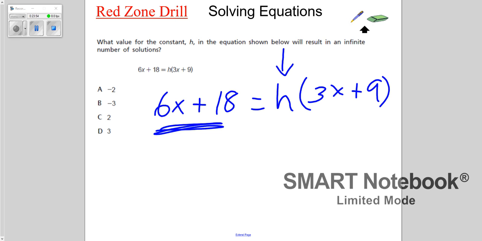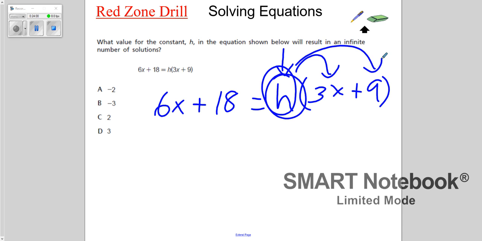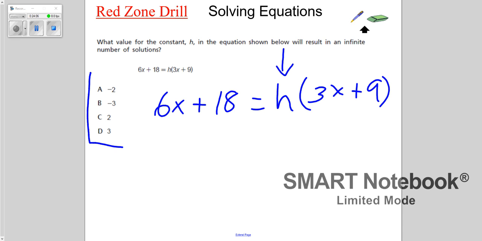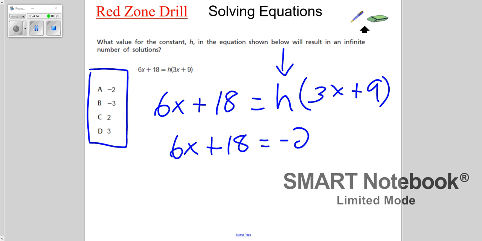So basically what this question is asking is, what number can I put here that when I do the distributive property will give me 6x plus 18? And luckily for us, this is a multiple choice question. So you can just take a look at each choice and try them out. So let's try negative 2. 6x plus 18 equals negative 2 times 3x plus 9.